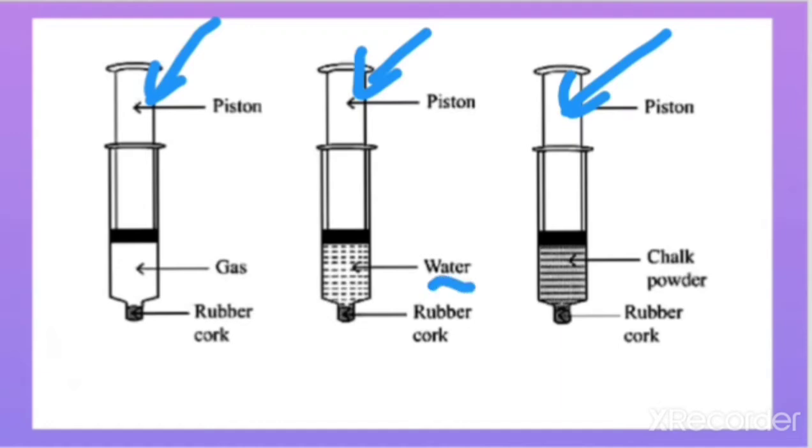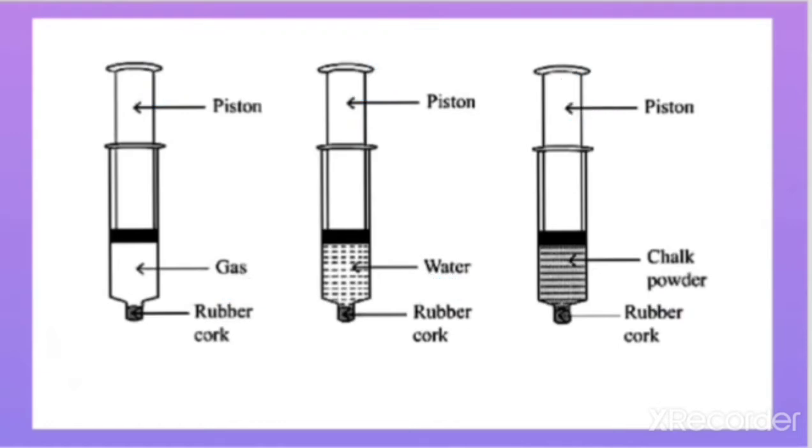Here in the second we have filled water, in the third we have put some chalk powder, and because in the first case we have kept it untouched, definitely air will be there in that.